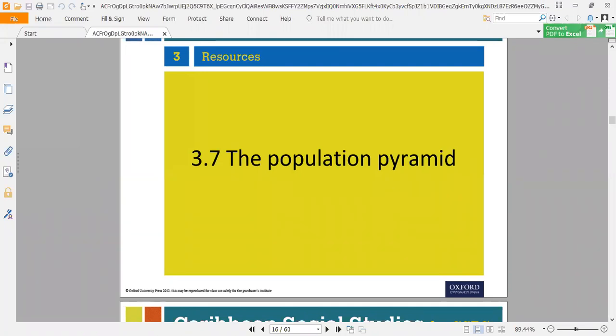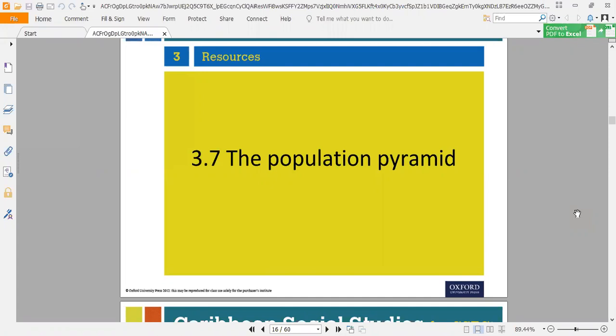What are some of the things that the population pyramid shows? Anybody? What are some things that the population pyramid shows? Nobody knows. All right.